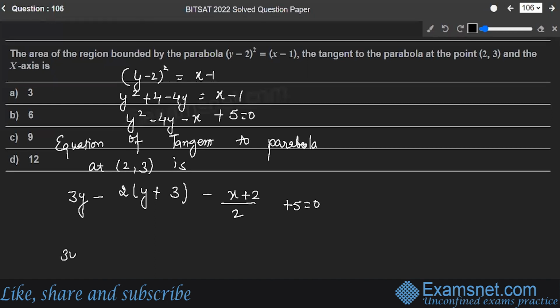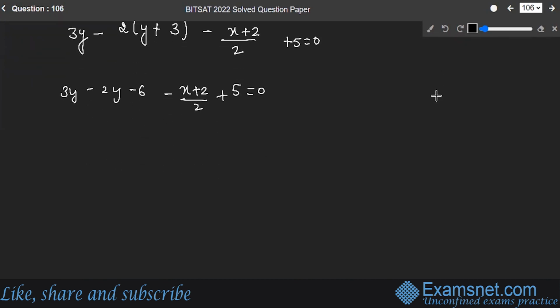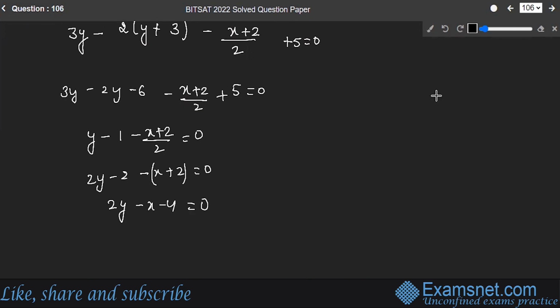On opening, this will be 3y minus 2y minus 6 minus this plus 5 is equal to 0, or y minus 1 minus this is equal to 0, or you have 2y minus 2 minus x plus 2 is equal to 0, or you have this. Okay, so you have 2y minus x minus 4 is equal to 0. This is the equation of the tangent at the given point.